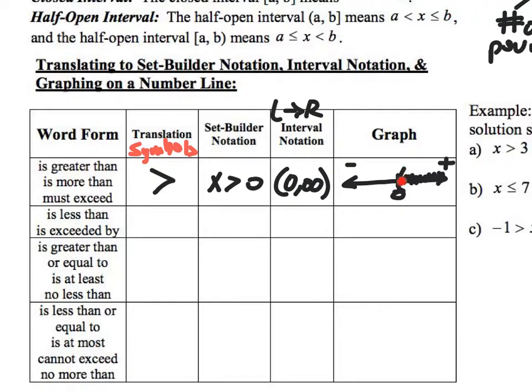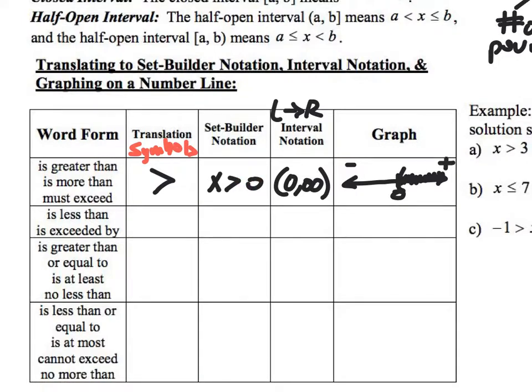We're starting at 0, and we don't include 0, because we're strictly greater than 0. So we shade to the right of that, the values of X that will make this true, which are larger than 0. When we go from the graph to interval notation, we go from 0 to infinity, from left to right, and we don't stop. We just keep going because we are just larger than 0.